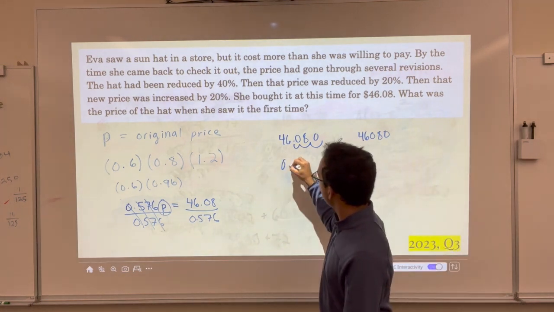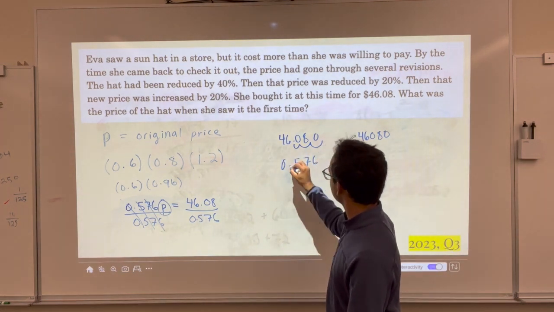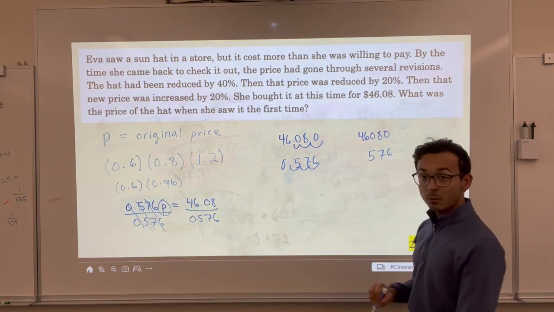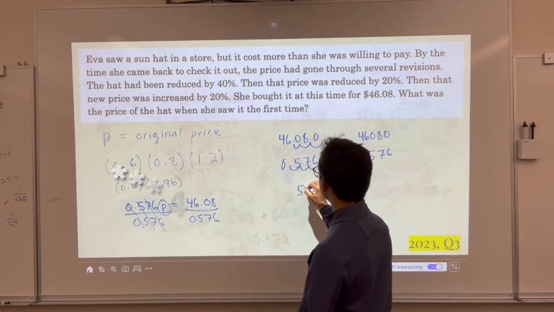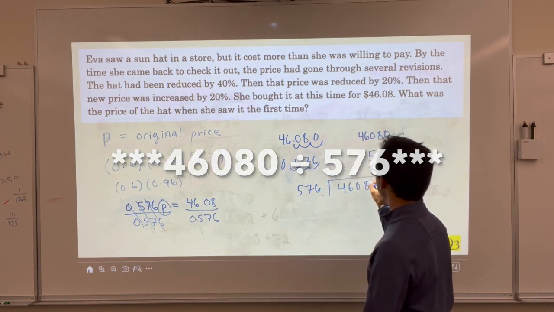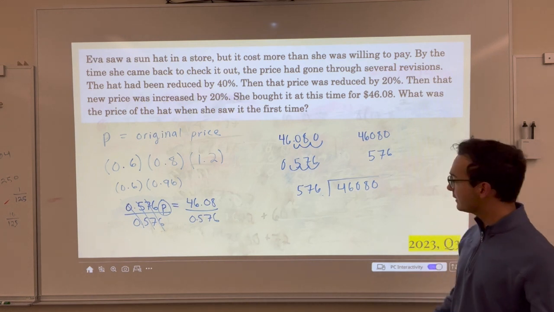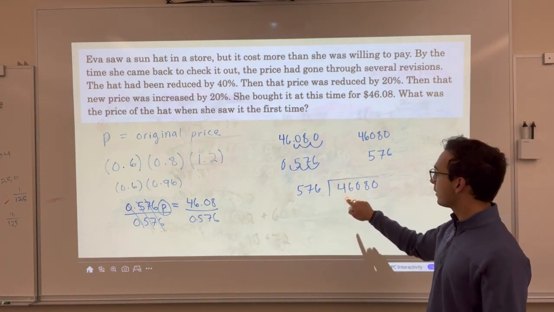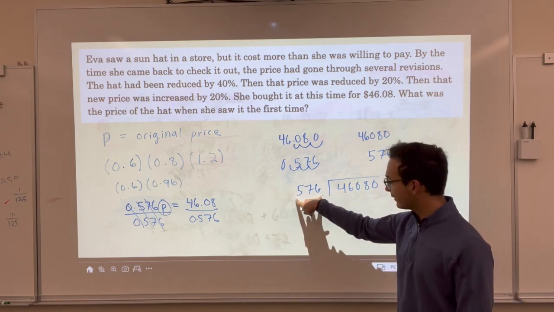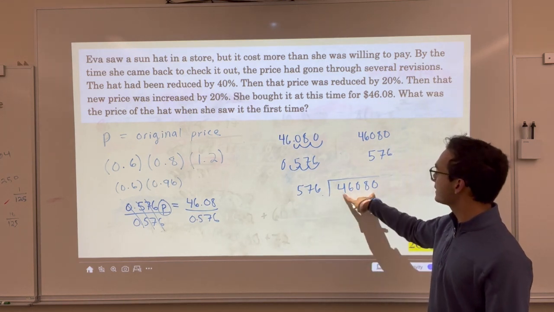And with 0.576, I'm going to move the decimal 3 times, and we're left with 576. So our question is, what is 46080 divided by 576? Now, for long division, obviously 576 doesn't go into 4, 46, 460. So the question becomes, how many times does 576 go into 4608?